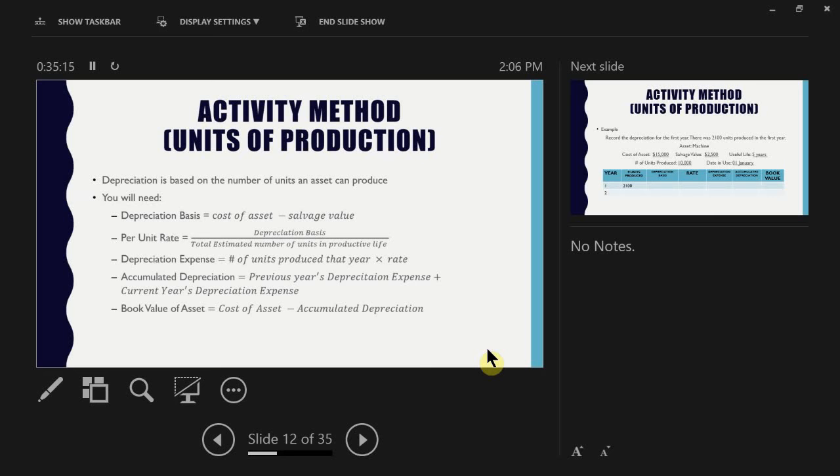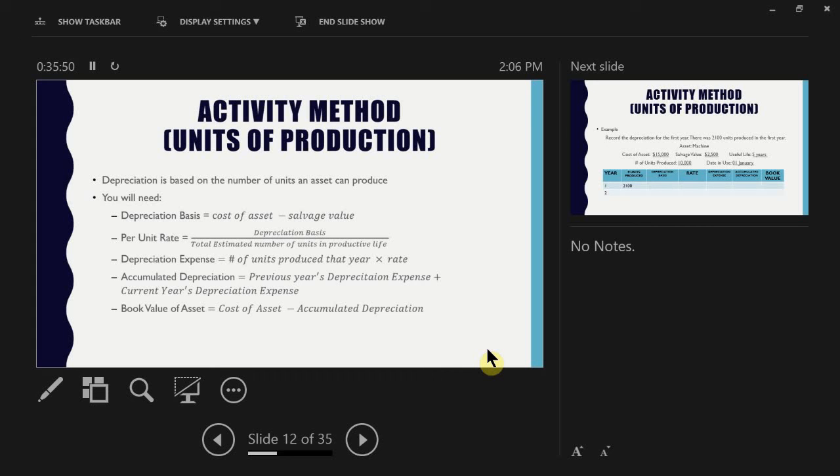The second formula is called per unit rate. Your per unit rate is your depreciation basis divided by the total estimated number of units produced. So every time you're given a problem, it's going to say, for example, my printer can last 5 years and it could produce 100,000 pages.